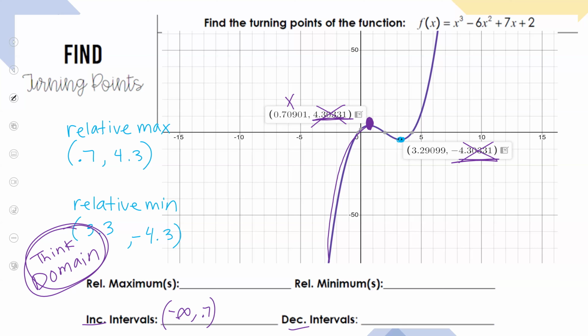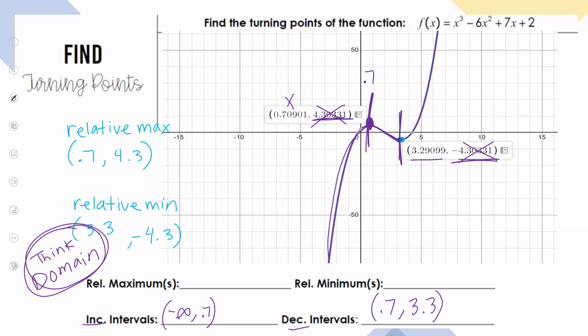We're thinking about x values, domain. Okay, now let's continue. From here to here, your graph is decreasing. That is between the x values 0.7 and 3.3. That's where it's decreasing. So for decreasing interval, I'm going to say it's decreasing from 0.7 to 3.3. Close the parentheses. Okay, now let's talk about the rest of the graph.